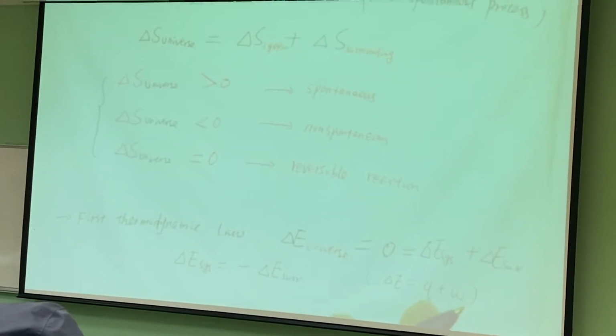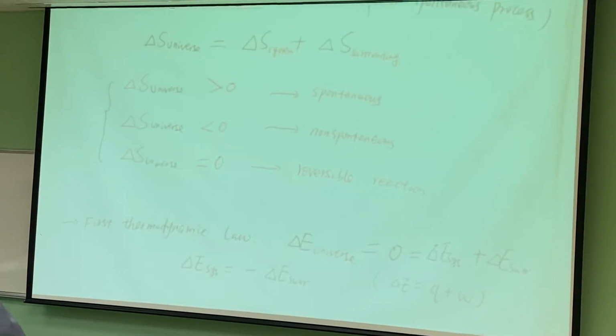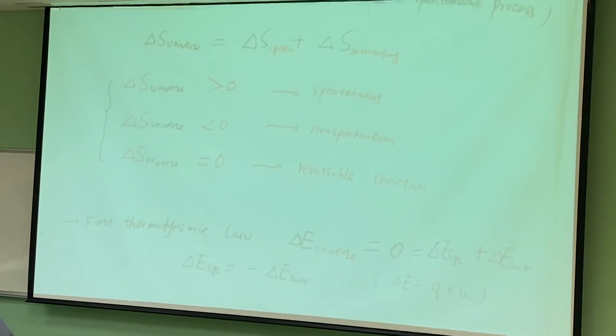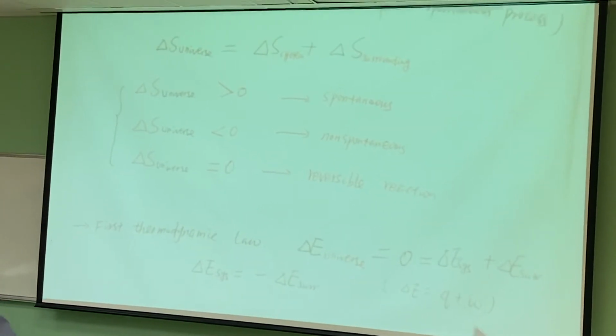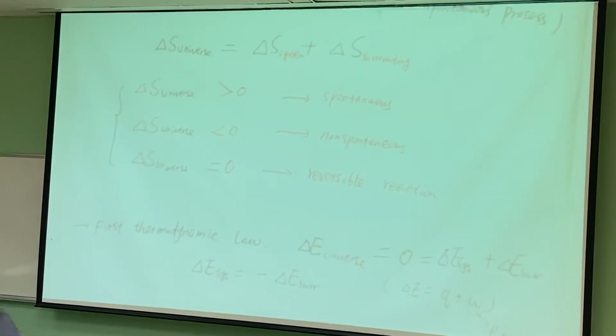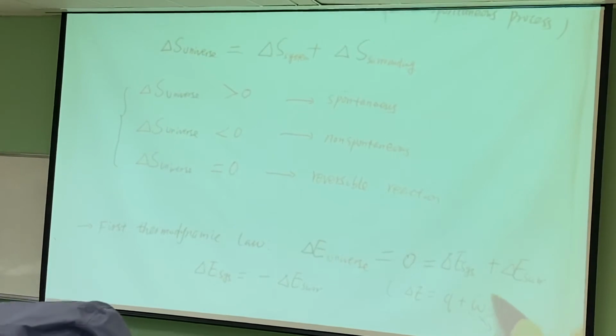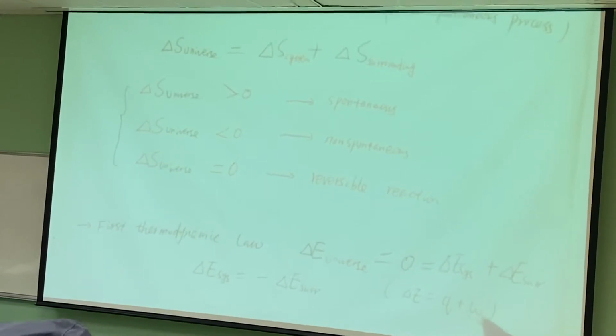Q means the heat, W means the work. If it's a system with a fixed volume, the volume does not change, so W usually is 0, because W equals pressure times delta V. If delta V is 0, then W usually is 0.